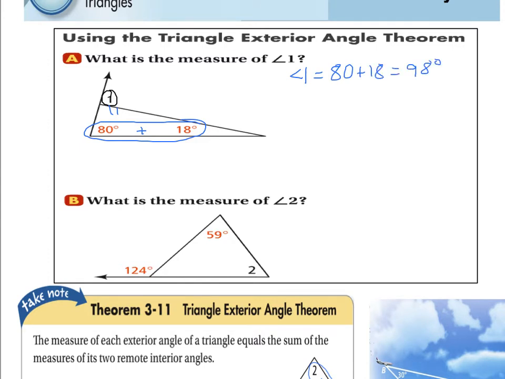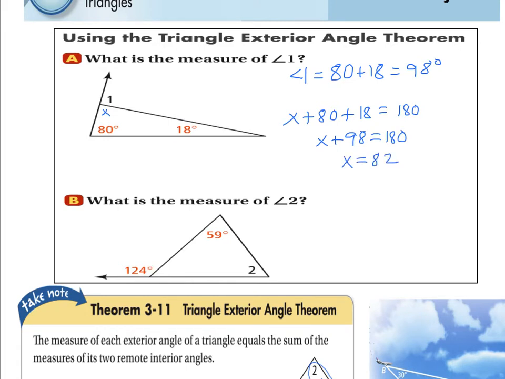There's another way you can complete this. You have two of the three angles in the triangle, so you could say this angle is x. Then x plus 80 plus 18 equals 180, or x plus 98 equals 180, and the third angle is 82 degrees.